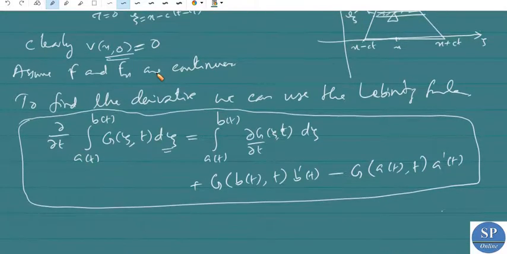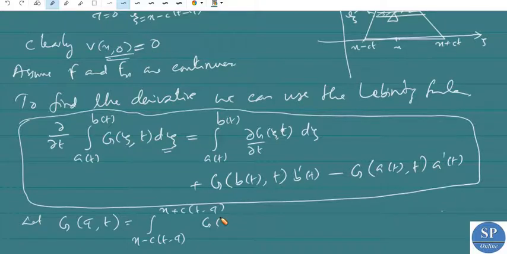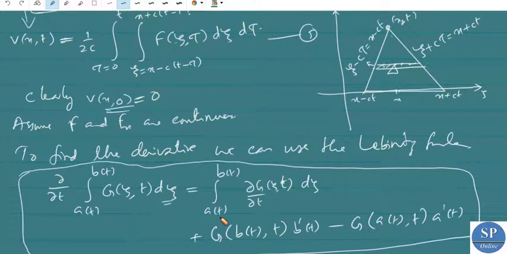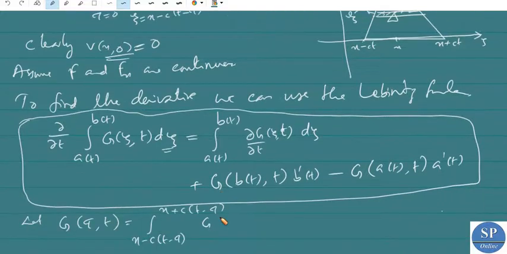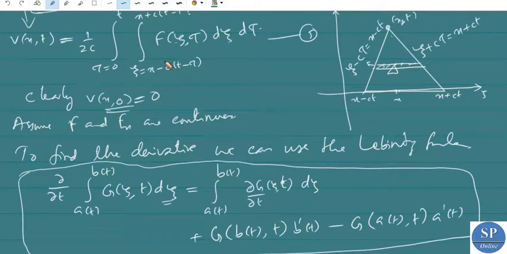So we can write: let g of tau comma t be equal to the integral from x minus c into t minus tau to x plus c into t minus tau of f of zeta tau d zeta.